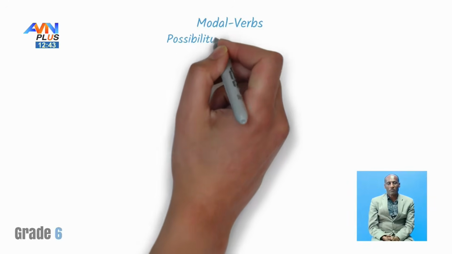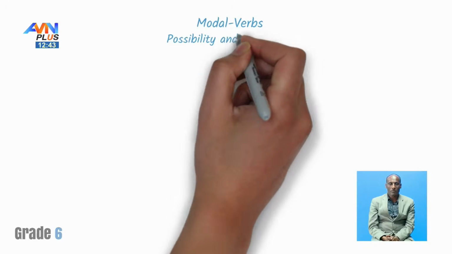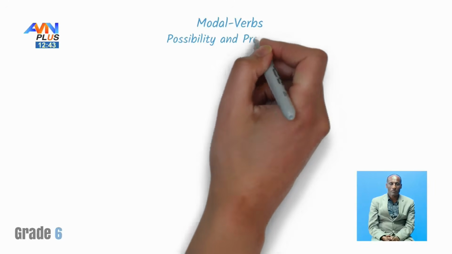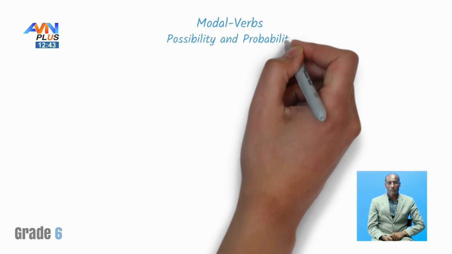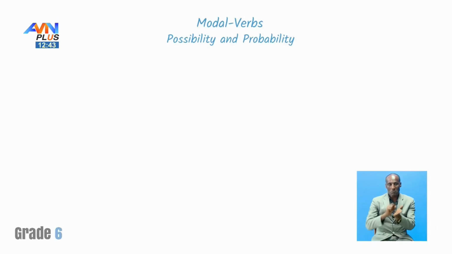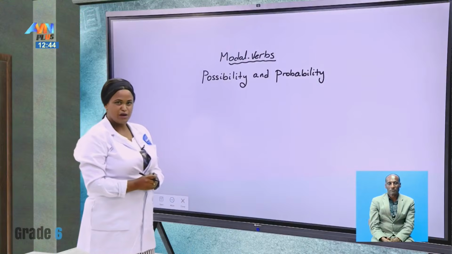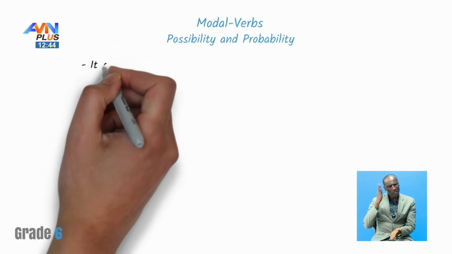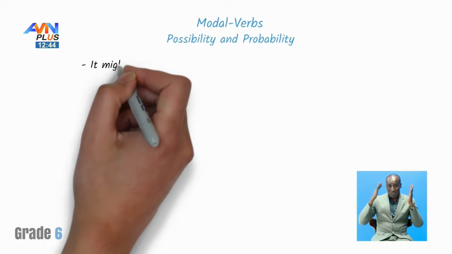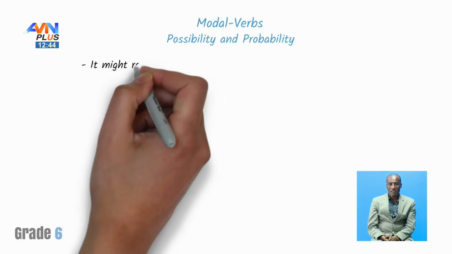Possibility and probability. Let us see some examples. It might rain.